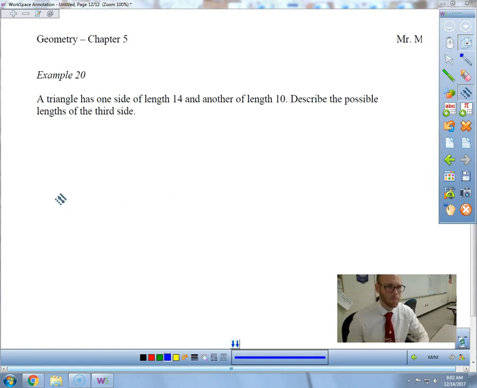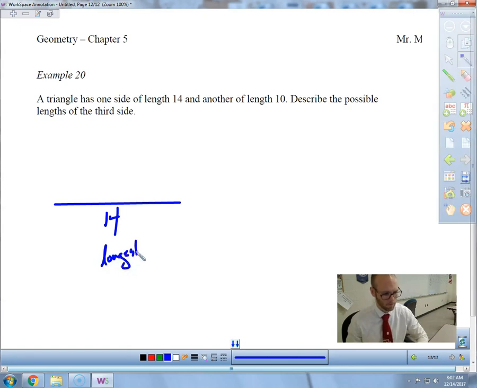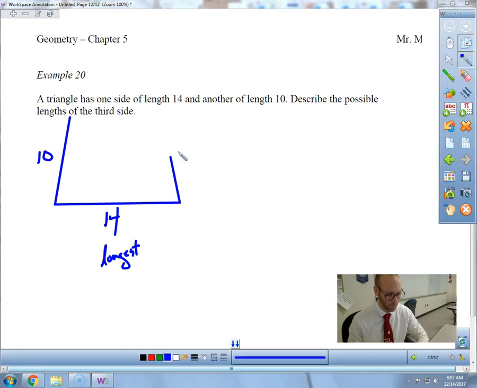Well, my first case, what I'm going to do is I'm going to imagine that 14 is my longest side. Let's make a note here. That's my longest side. Well, if that's the case, I'm going to put my 10 up here. Okay. What value for this side is required to make a triangle if 14 is our longest side?